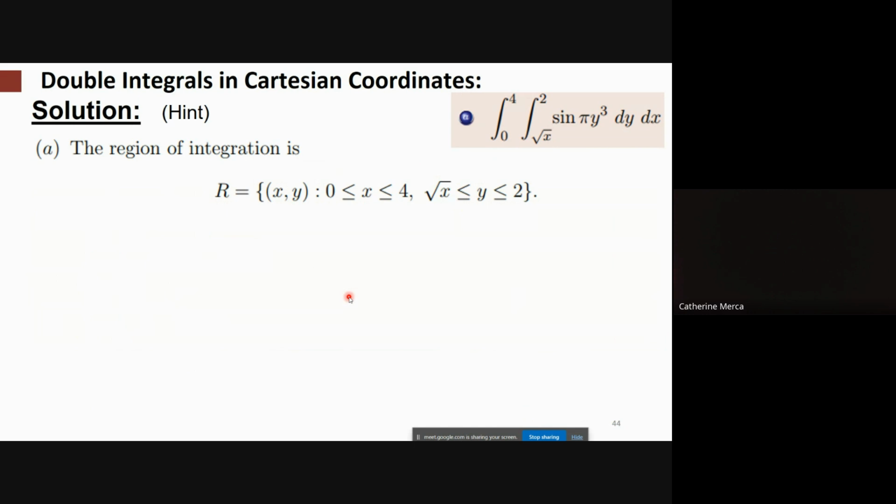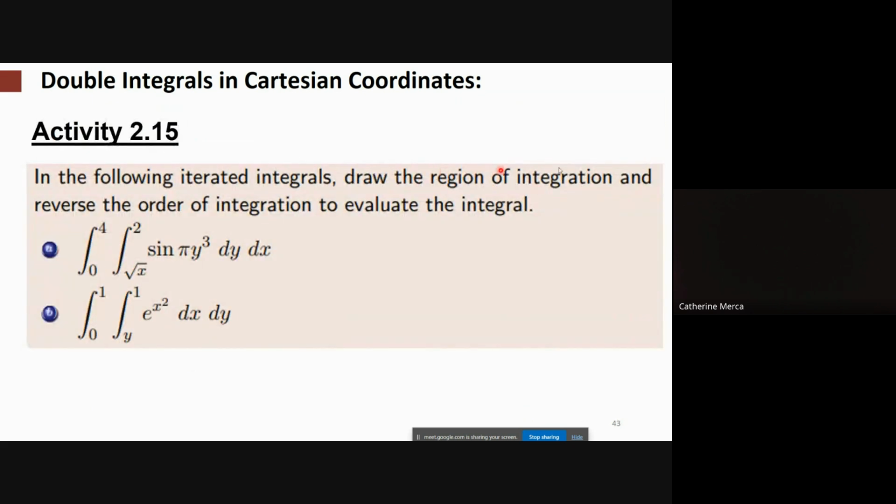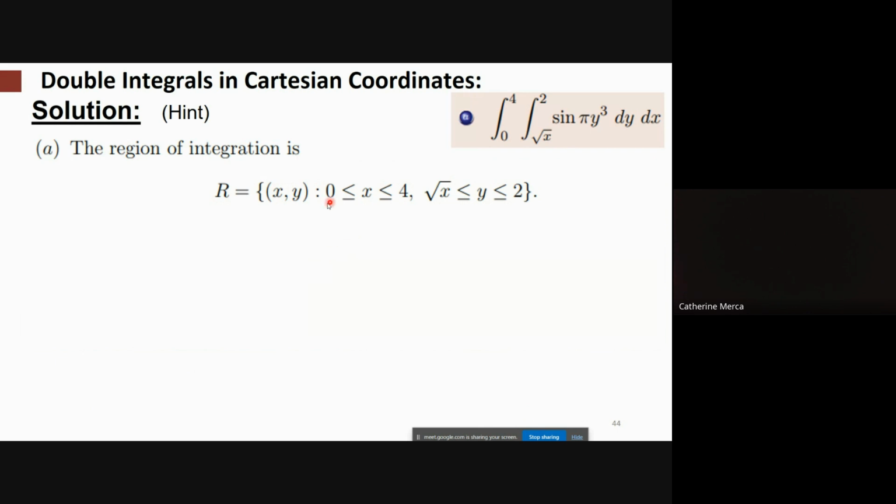There is a hint for letter A. The problem there is to reverse the order of integration to evaluate the integral. To be able to reverse the order of integration, because this one is a function, you cannot simply rewrite it as dx dy and have the same limits of integration. You have to consider that your x here is from 0 to 4 and your y is from square root of x to 2.